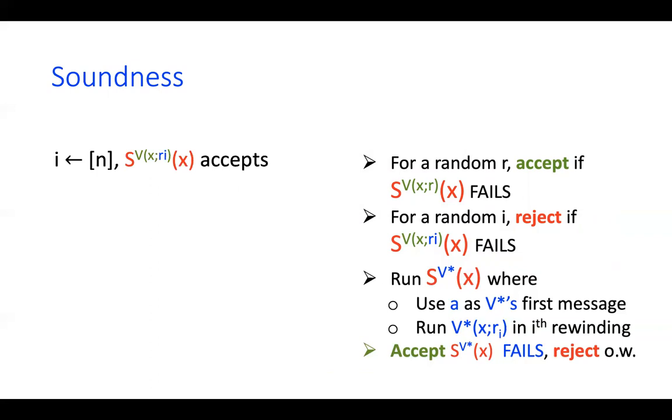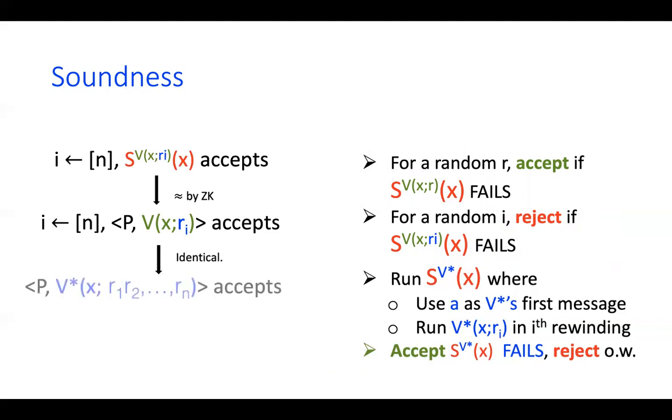So let's start with the premise that for a random i, the simulator with the honest verifier with random tape Ri accepts. If this is the case, then by using zero knowledge, we know that the prover with the verifier on this random tape will also accept. Now, let's replace this verifier with the malicious verifier that chooses one of these random tapes at random.